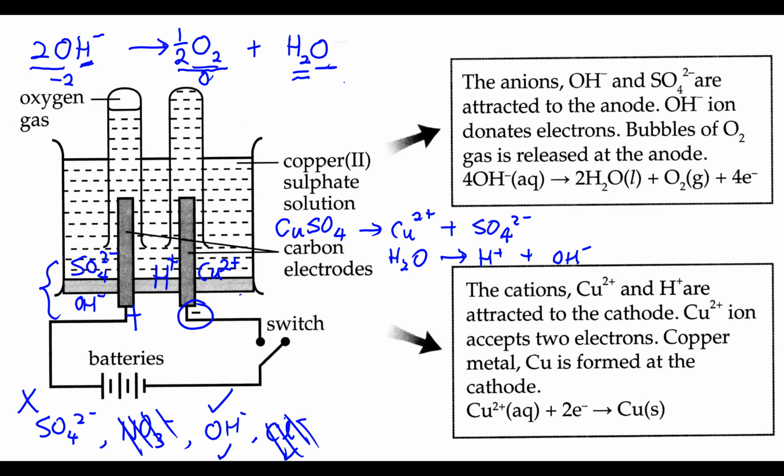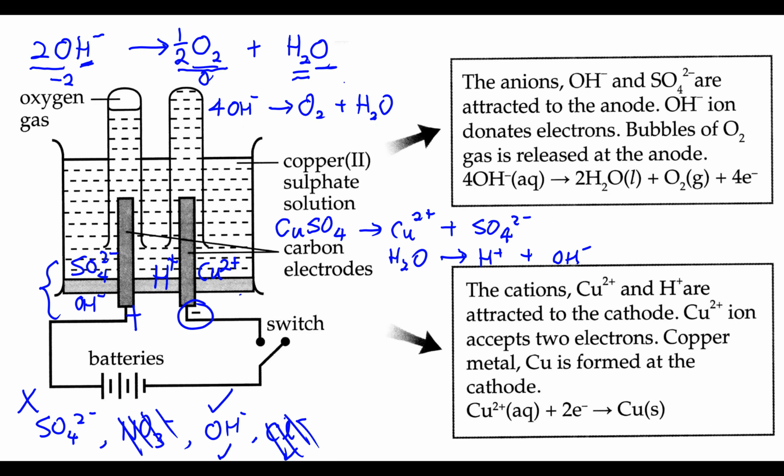Now it is balanced. However, we do not ever accept fractions as equations. Hence, we need to multiply it throughout by 2, which becomes 4 hydroxide gives you oxygen plus 2 water.